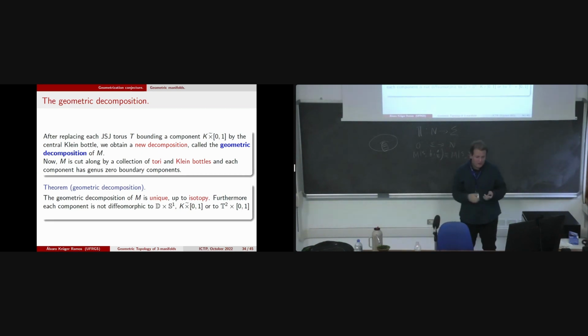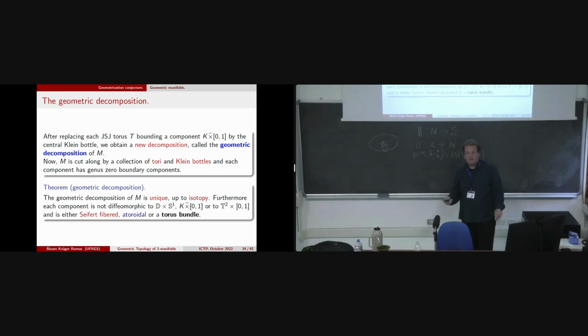And you cannot have T2 times [0,1], because this component is redundant. If you glue it back to another component, you don't change the topology of that component. So these 3 manifolds never appear in the geometric decomposition.